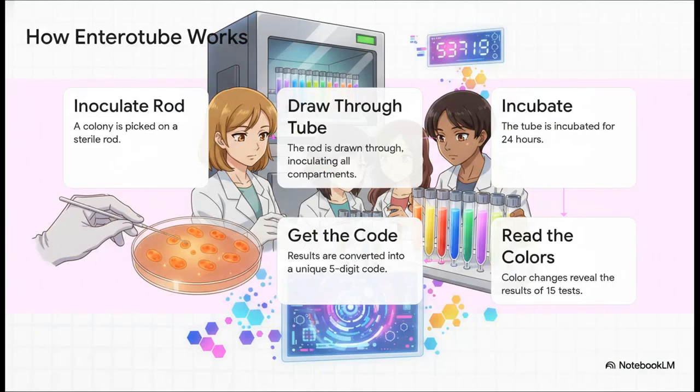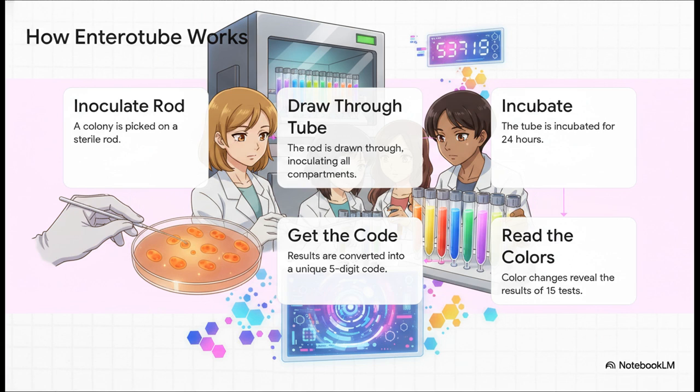So how does this thing work? It's actually pretty slick. You take a sterile wire and just touch it to one of your pure colonies. Then, you pull that wire straight through the center of the tube, and in one move, you've inoculated all 12 compartments at once. You let it incubate for about 24 hours, and then you just look at the colors. Each color change tells you the result of a specific biochemical test, like, did it ferment glucose? Did it produce a certain enzyme?